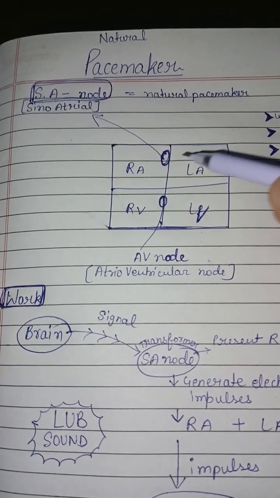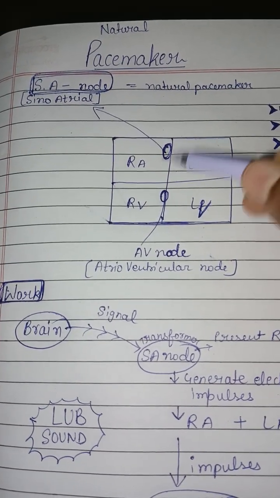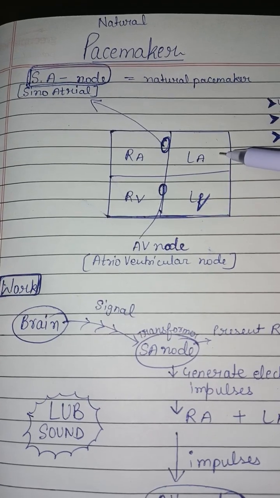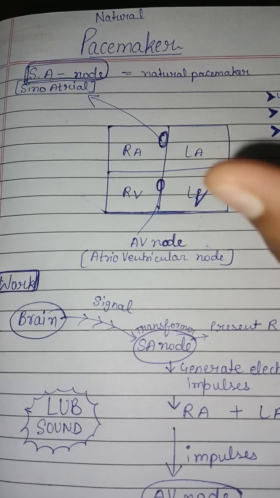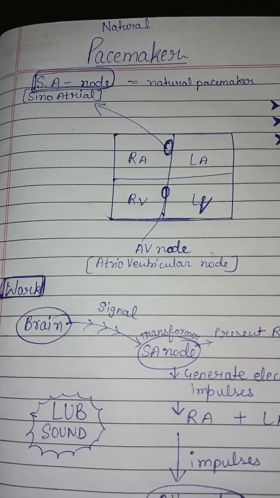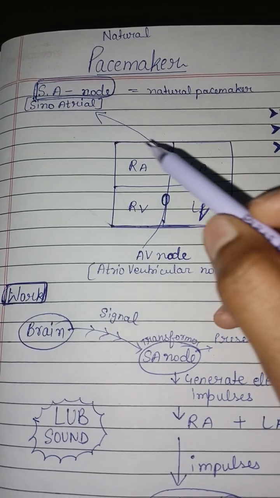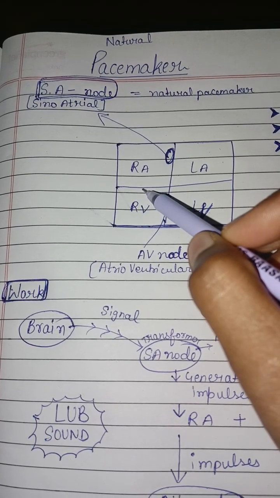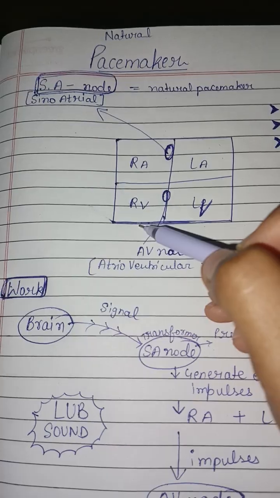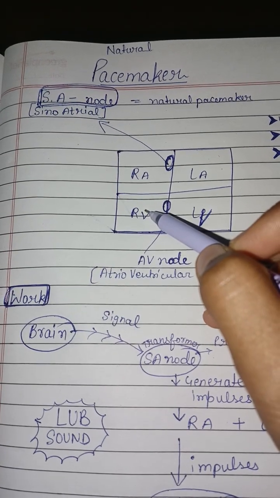Actually, we already know the chambers of the heart: right atrium, left atrium, right ventricle and left ventricle. We already know about the valves. On the right side, between the right atrium and right ventricle, there is the tricuspid valve.